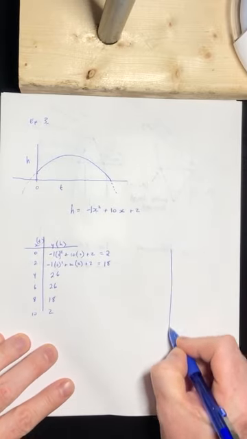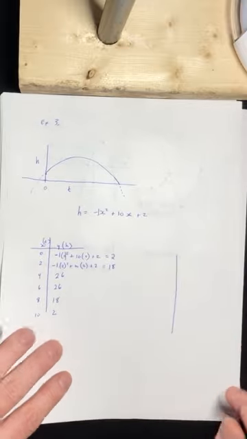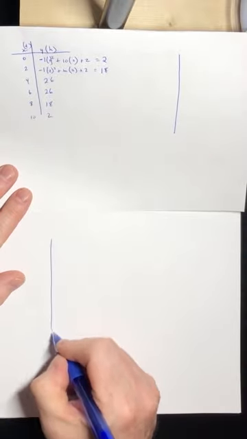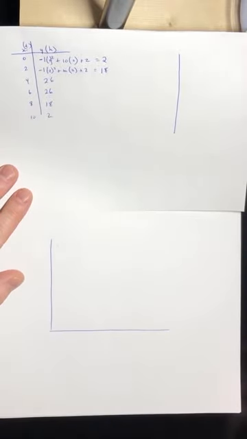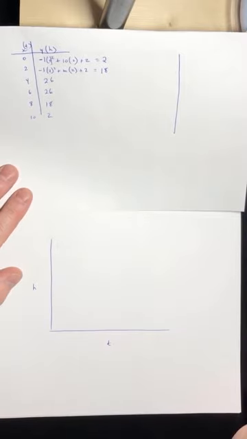So let's do our table of values here. And actually, I am going to scrap that one. And I'm just going to stick to the positive. So we got time and we got height.